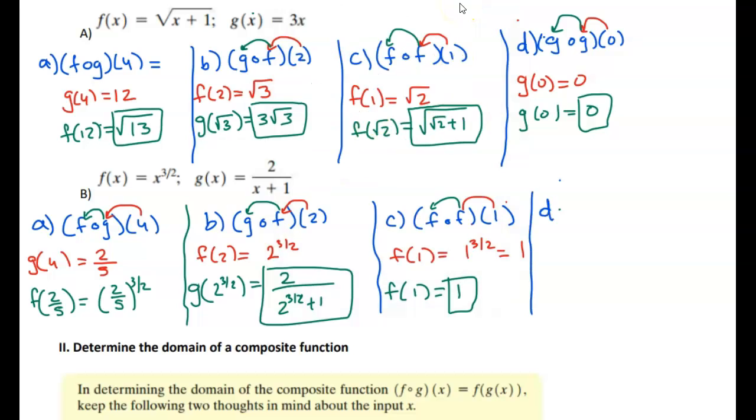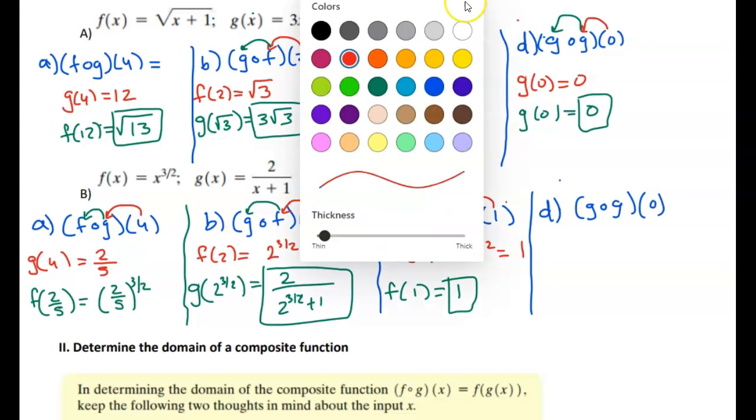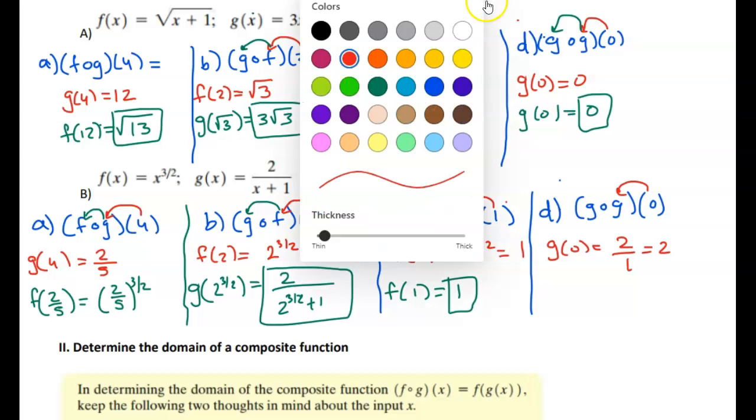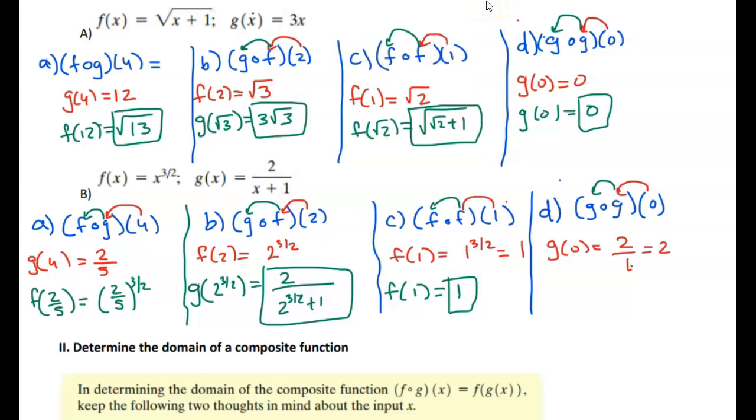Right, part D, g of g of 0. So let's find g of 0, which is 2 over 1. And then we're going to plug 2 into g again, g of 2, we get 2 over 3.